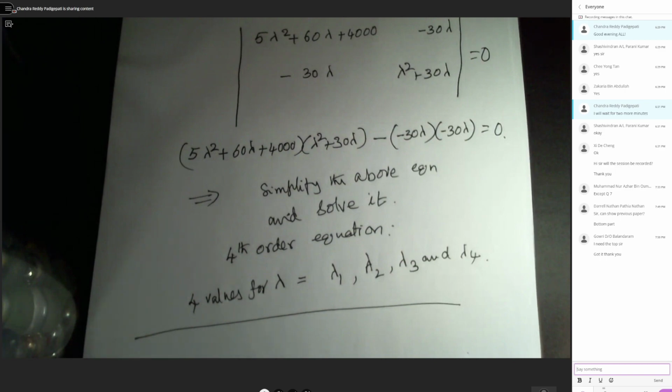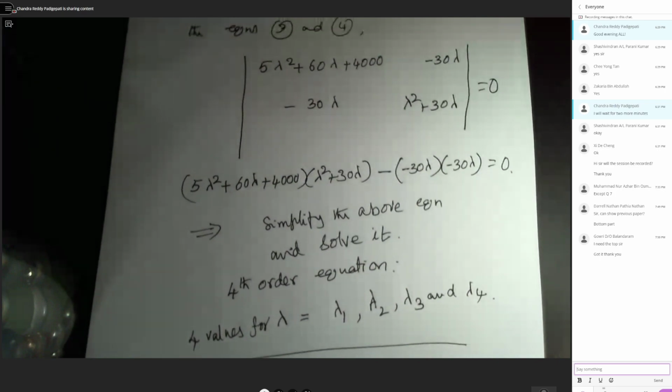Okay, I gave you 25% of the solution. So the rest of the solution you can work yourself, based on the example which I showed you.